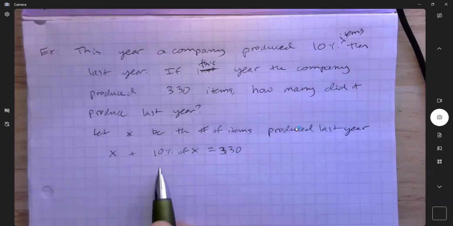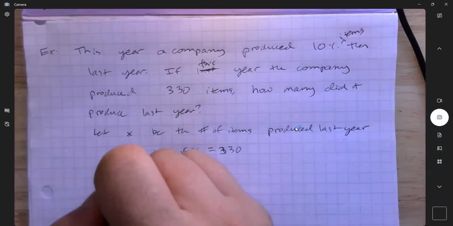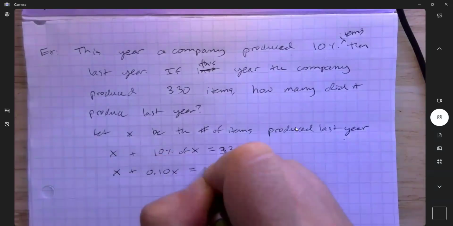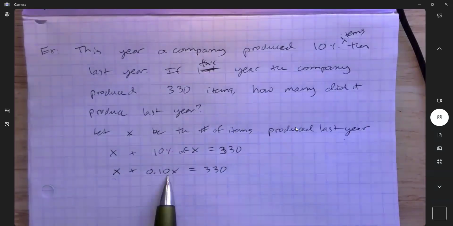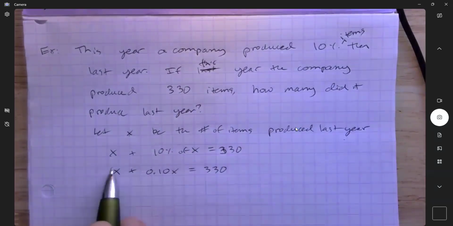So for our equation, we can change this 10% to a decimal, and we have x plus 0.1x equals 330. And now we're actually in a situation that is pretty similar to the previous question. First we collect all our x's on one side of the equation.